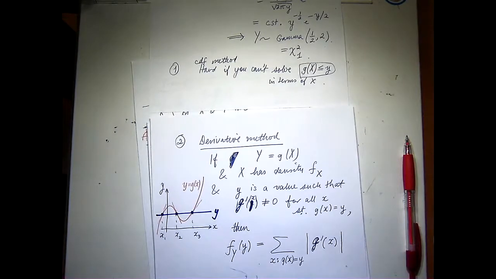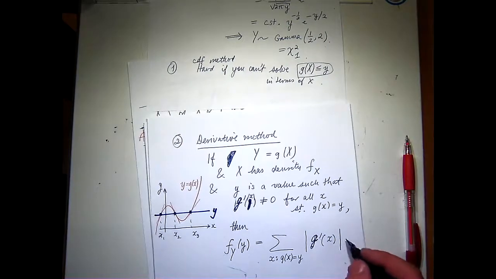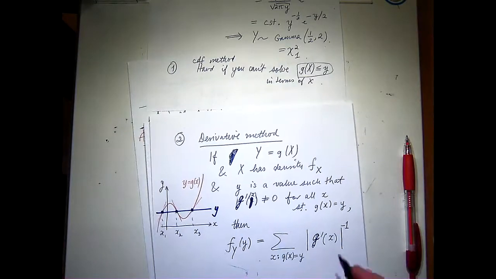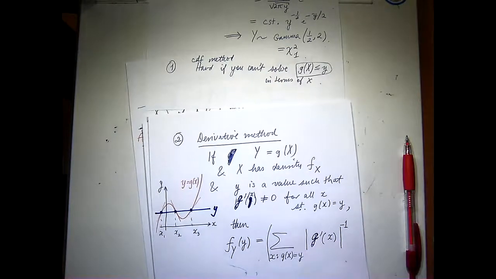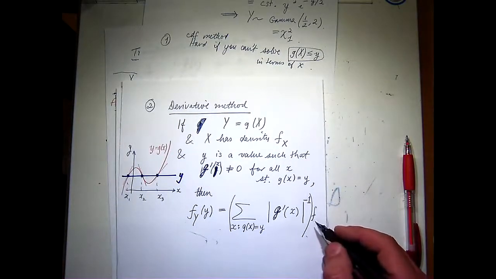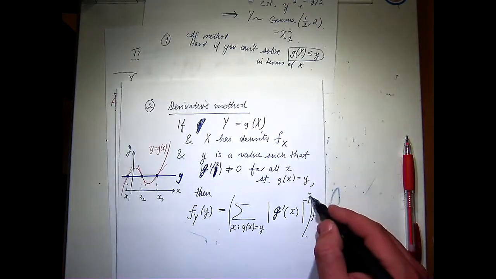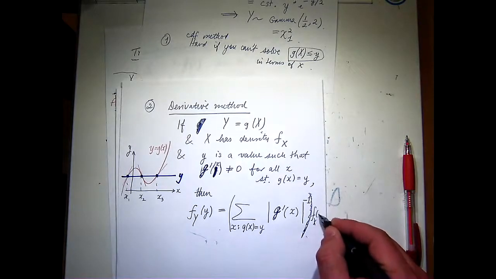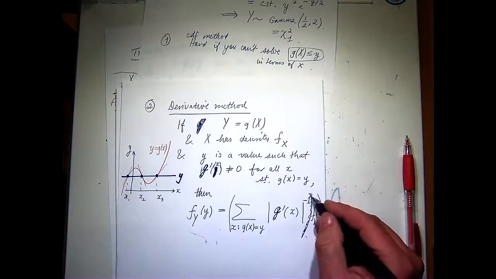That is how much it scales by, and each of those is taken to the power minus 1, so you take the reciprocal, and then you multiply that by the density f_X of x. Okay? So that's a big complicated thing.